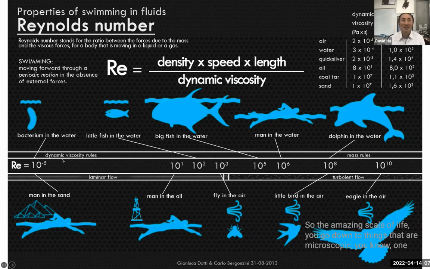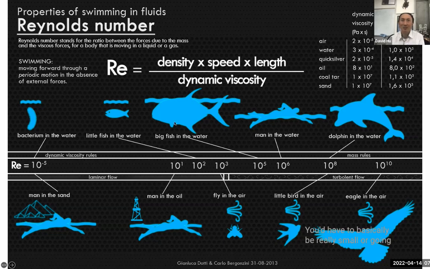So the amazing scale of life, you go down to things that are microscopic, 1 micron, or even the cilia on those organisms, which are fractions of a micron, all the way up to blue whales, which are 100 meters. So that gives you 6 or 7 orders of magnitude in length. And the fact that Reynolds number is a product of speed and length means that you got basically 15 orders of magnitude across life on Earth for the Reynolds number. Laura will show you a lot of simulations of different Reynolds number, but basically we live at high Reynolds number.